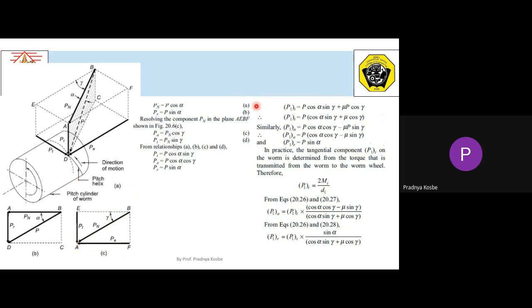So from this relationship, we can say that Pt is equal to P cos alpha sin gamma, Pa is equal to P cos alpha cos gamma, and Pr is equal to P sin alpha.